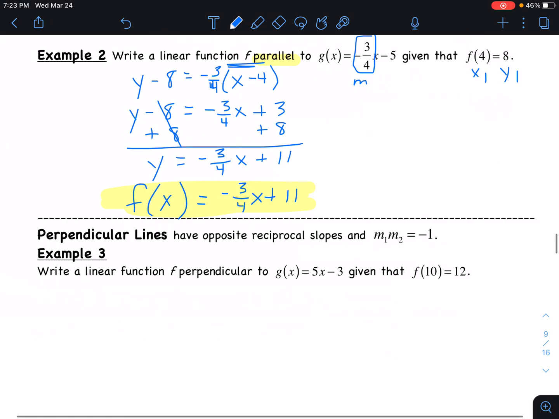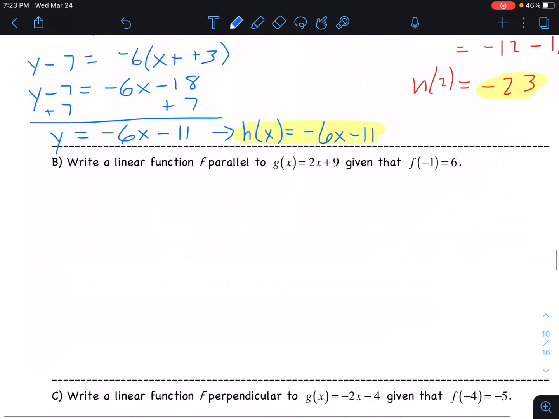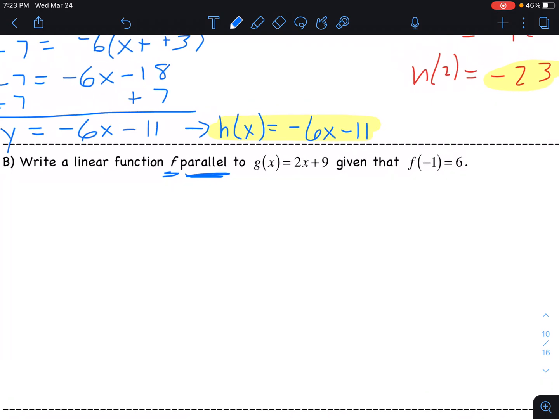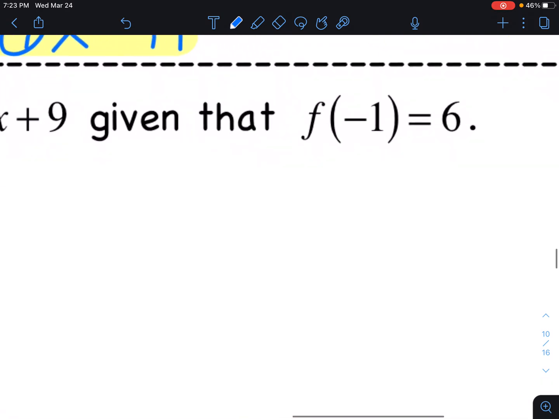Okay, let's go try another parallel one. Letter B on the next page: write a linear function f that is parallel to g of x equals 2x plus 9, given that f of negative 1 equals 6. Again, I need a point and a slope. My point is right here, x1, y1.